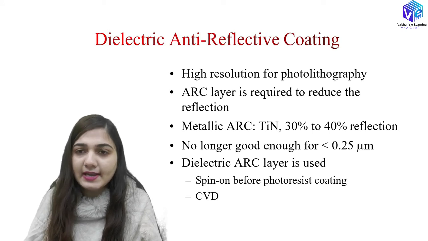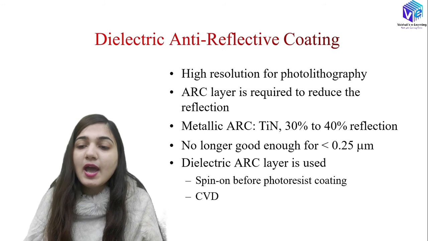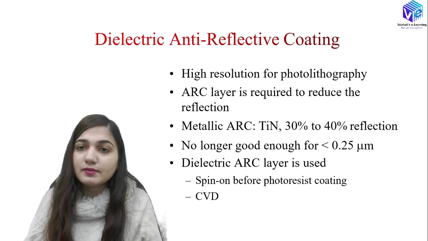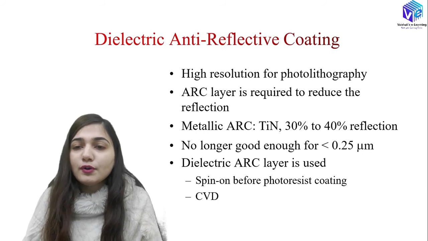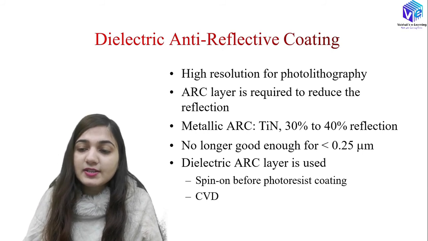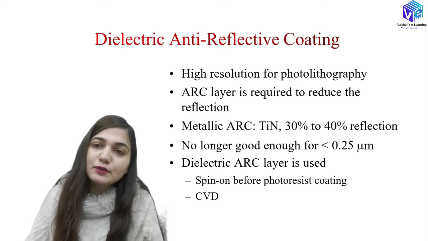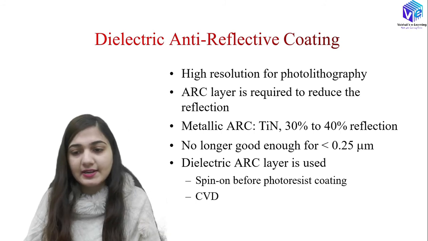We can use the metallic ARC as well, in which I have used titanium nitride. It is going to reduce 30 to 40% of reflections, but it is not a good technology to reduce the reflections if I have lesser than 0.25 micrometer feature size. So here I can use the dielectric ARC.